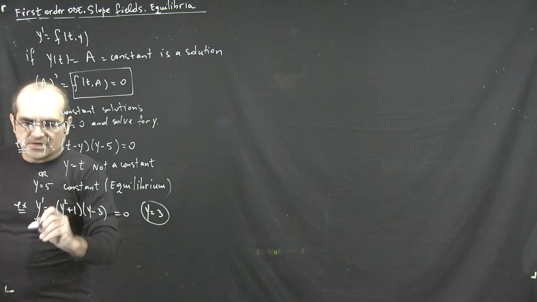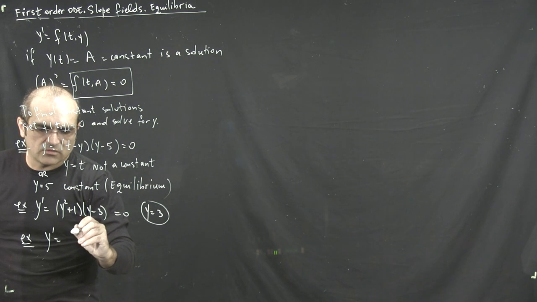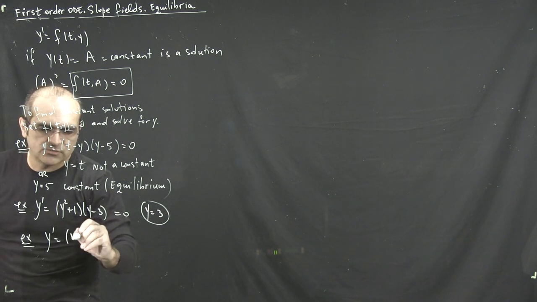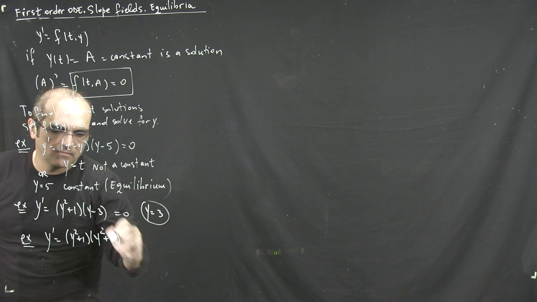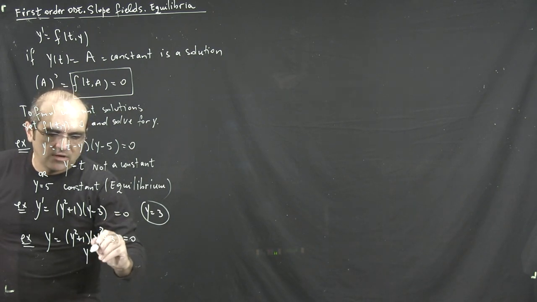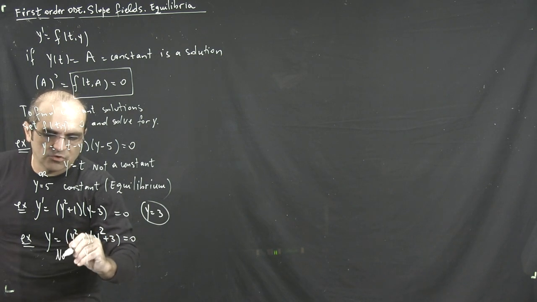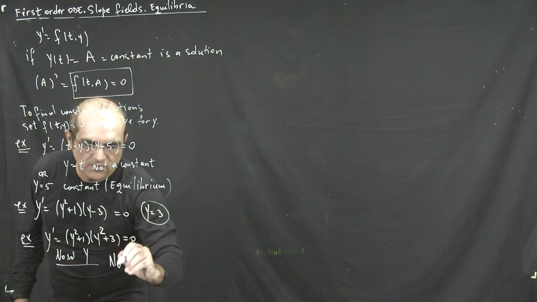And finally, here's another example where you may have no constant solution at all. If you have y prime equals, let's say, y squared plus 1, like before, times y squared plus 3, and you set it equal to 0, we have no solution for y. That means there is no equilibrium.